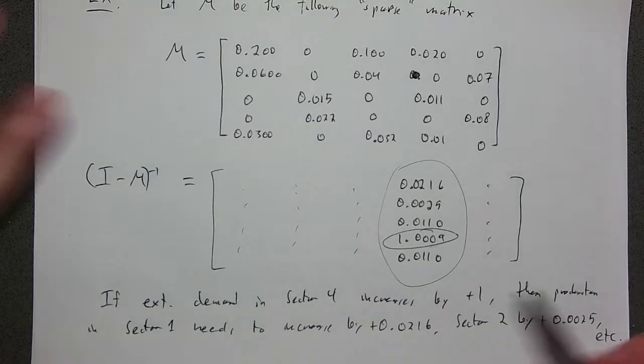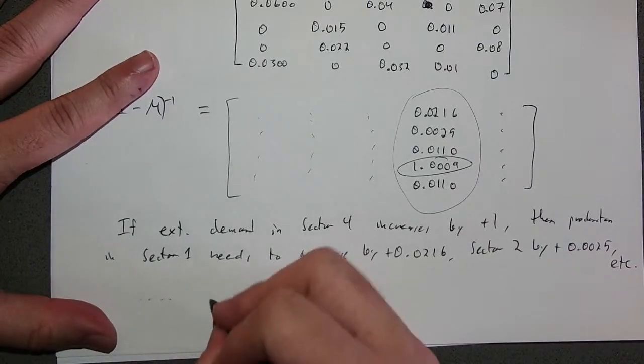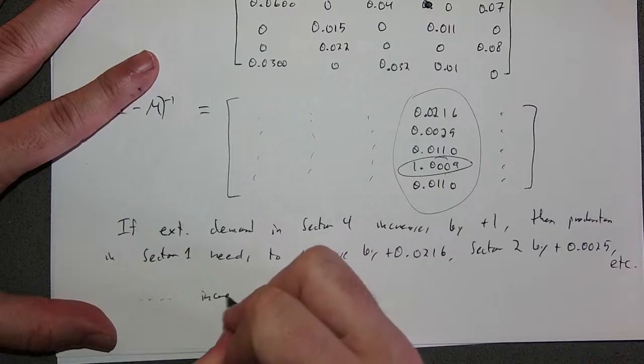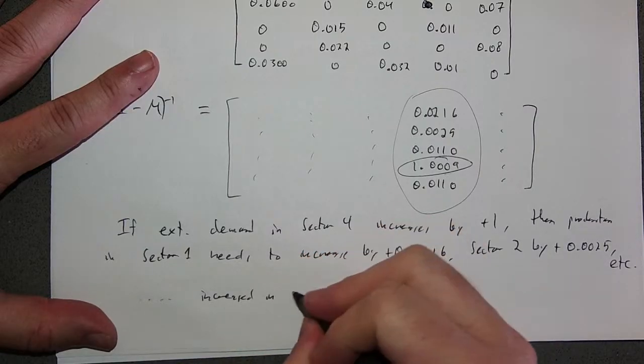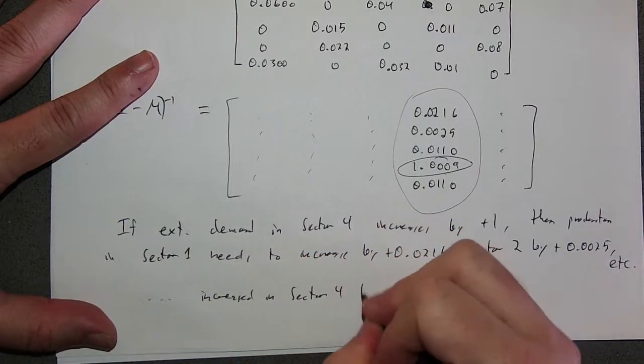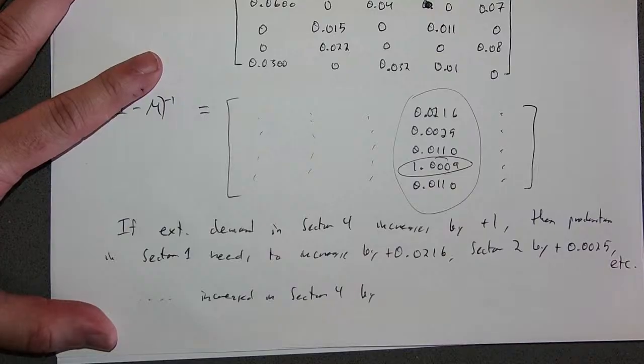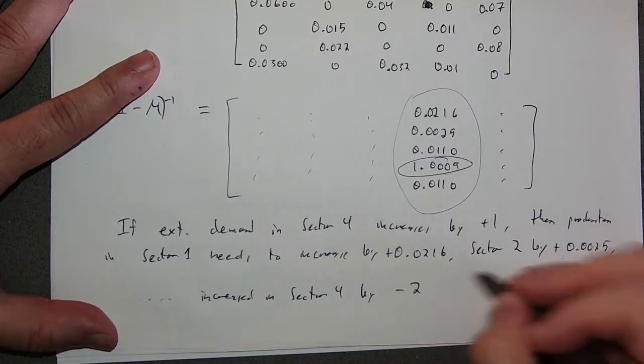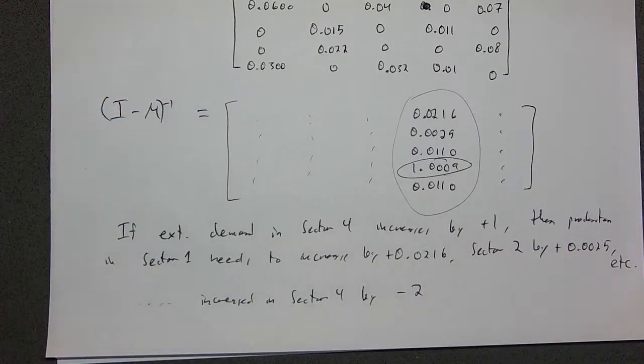So that makes perfect sense here. Notice that if the external demand in sector 4 changed by, say, -2, that is, it went down by 2 units, which absolutely can occur, right? Sometimes the external demand would decrease.